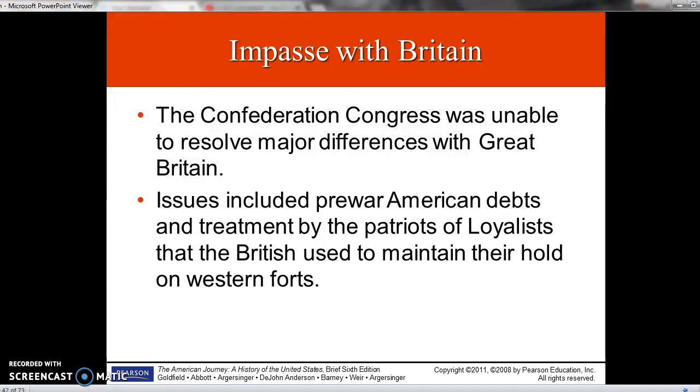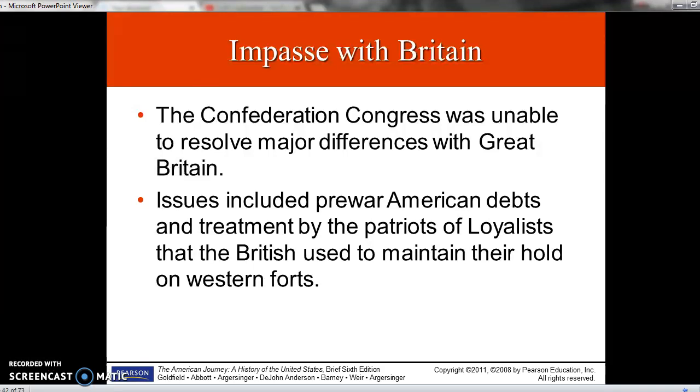The Confederated Congress is unable to resolve major conflicts with Great Britain. So we have problems with Great Britain. We still don't want to pay our debt. There is the treatment by the patriots of the loyalists, and the British used to maintain their hold on Western forts. So they're not leaving.